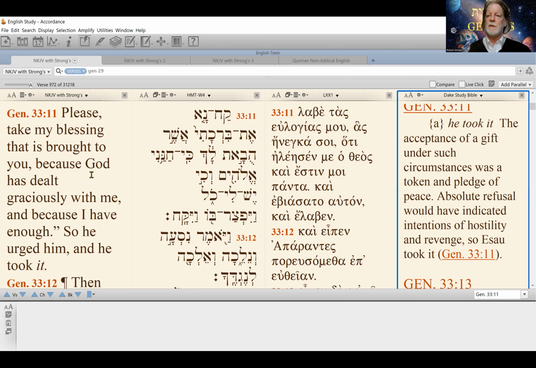So that's why he wants him to take it. Now, Esau resists initially, says, no, you keep it to yourself. And Yaakov might suspect that he doesn't want to take the gift because he wants to have his vengeance. He wants to kill Yaakov. So Yaakov may still be expecting that. So he presses him on it, please take it. And he does take it.